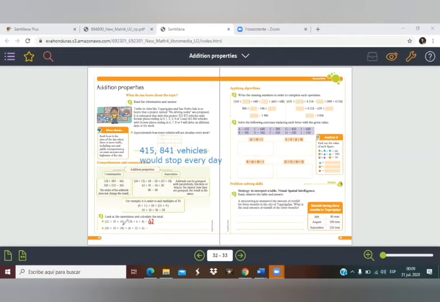Then you have to write the plus. Now, 24 plus 6 plus 8 is equal to 38. Now add both addends. 62 plus 38 is equal to 100.